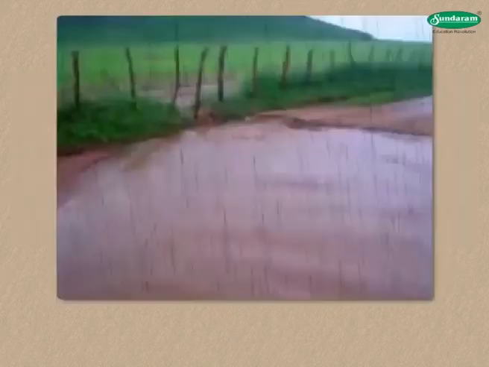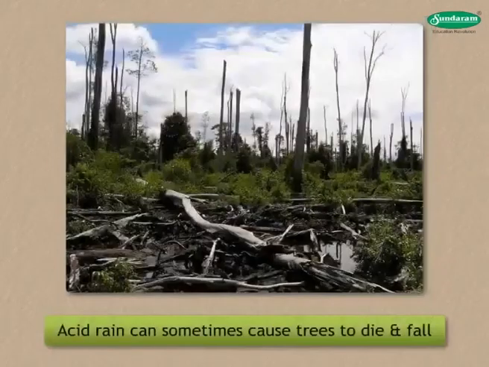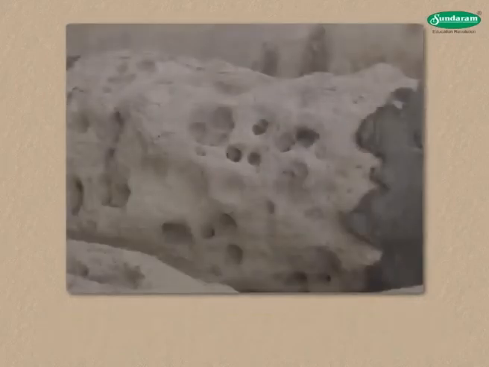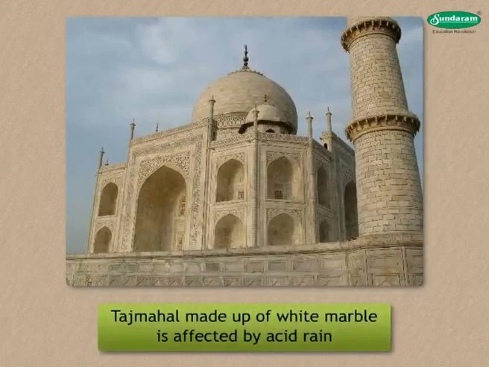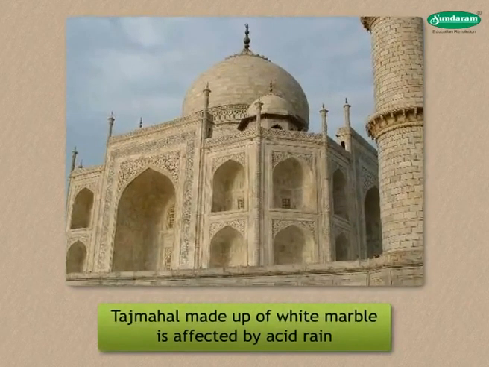These acids fall to the ground with the rainwater. That is why it is called acid rain. Acid rain can sometimes cause trees to die and fall. It also causes yellow patches on marble. Example: Taj Mahal, made up of white marble, is affected by acid rain.